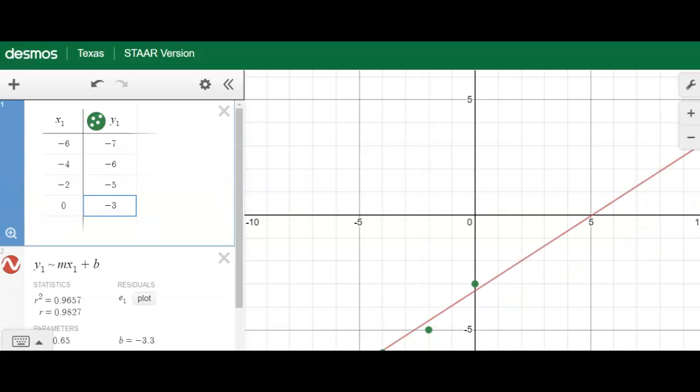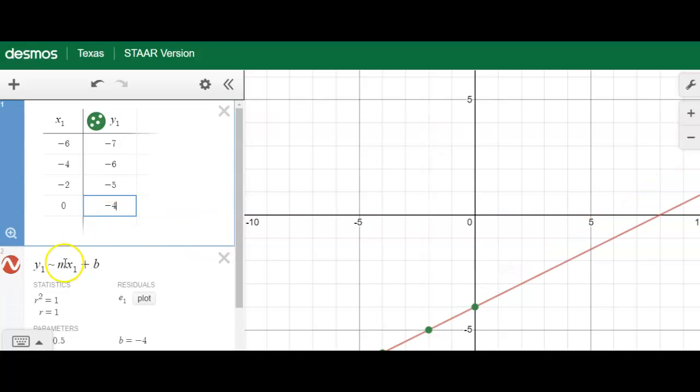If I had a point that was close to the line but not quite on the line, I changed one of my numbers. Do you see that now the points are close to the line but they're not quite on it? Then this number is not quite 1. So if this number is not exactly 1, the numbers are close to the line, but not quite on the line.